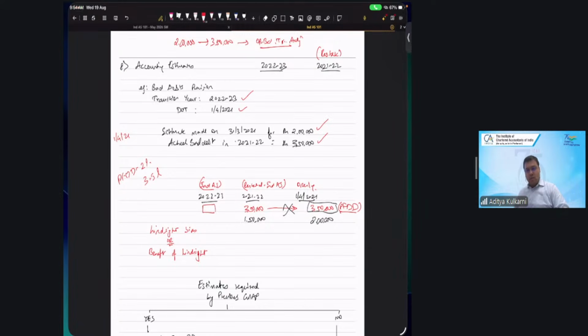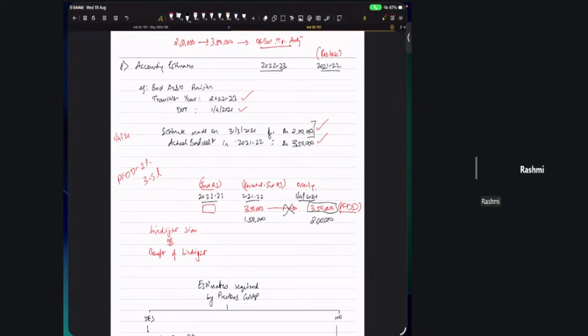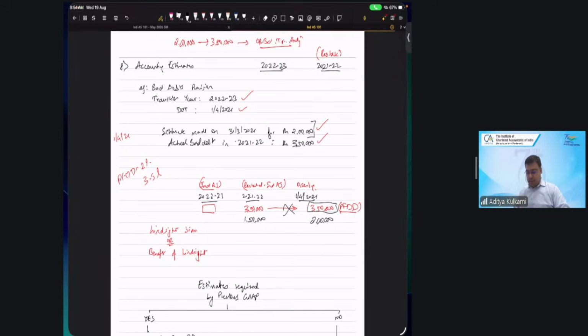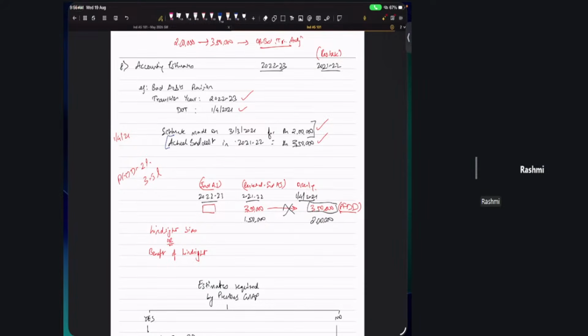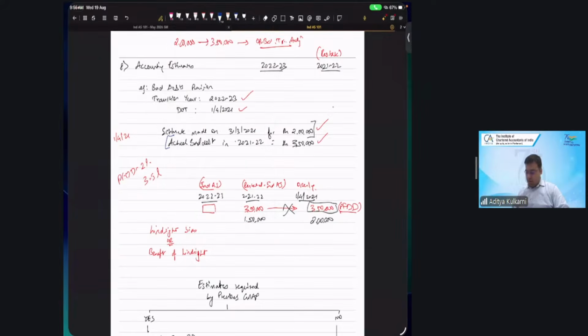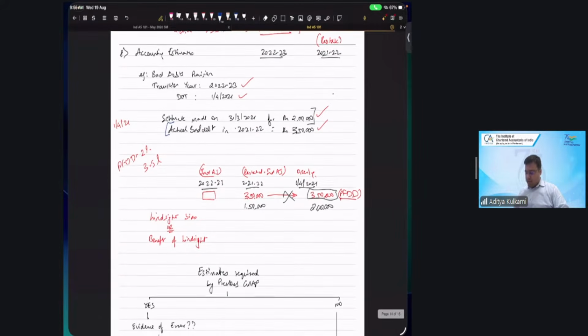So tell me one thing, when I am transitioning to Ind AS, can I see this estimate of 2 lakhs? First, can I see that the actual bad debt is 3,50,000? Yes, sir. So just look at the situation now.